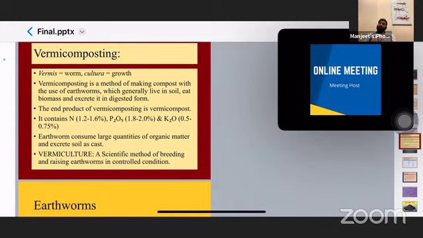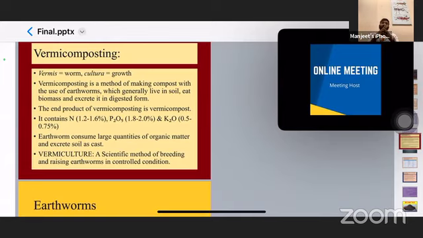Earthworms consume large quantities of organic matter and excrete soil as cast. Vermiculture is the scientific method of breeding and raising earthworms in controlled conditions. In India, as well as other countries, many species of earthworm are found which convert biomass into vermicompost.